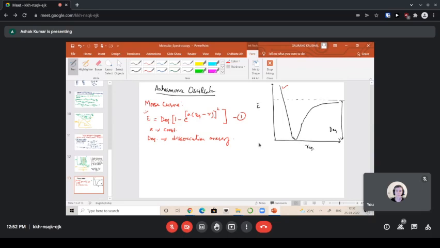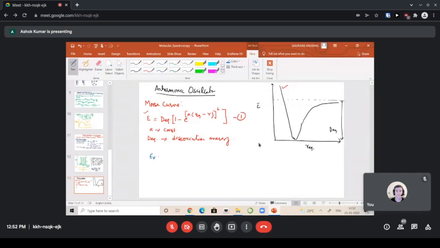So when you use this equation number 1 instead of the expression E equal to half h cross omega, you will see that the energy in that case will be given by, I'm not going to solve it, it is going to be an assignment for you.